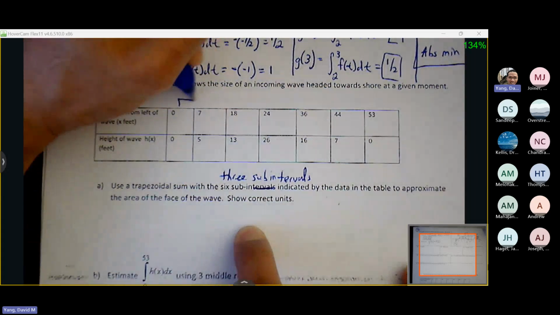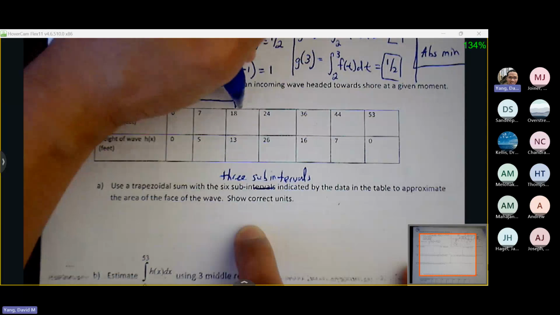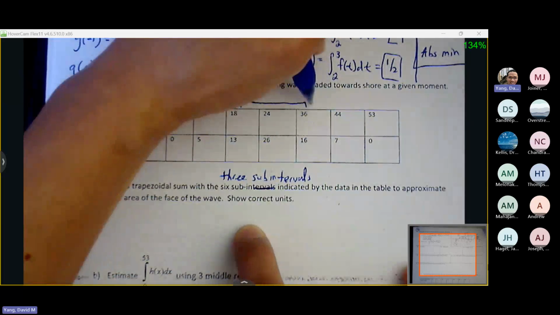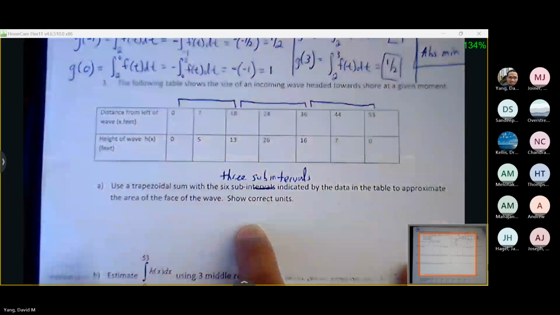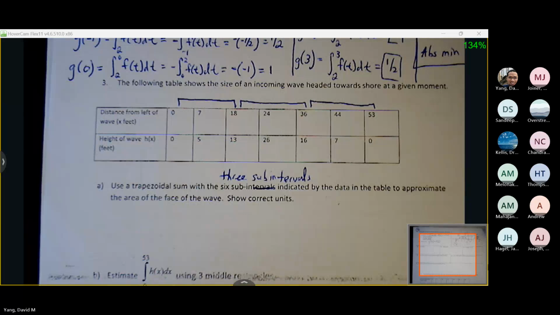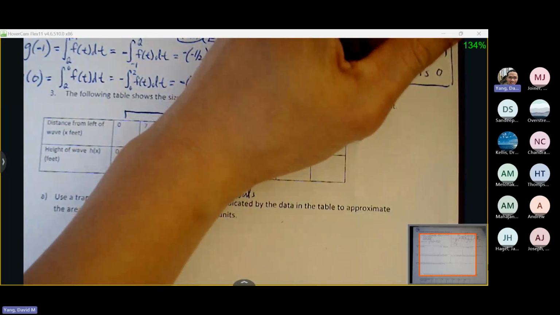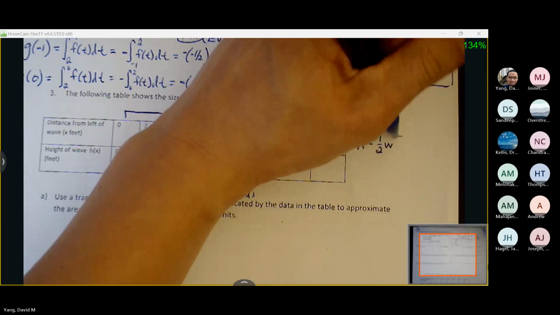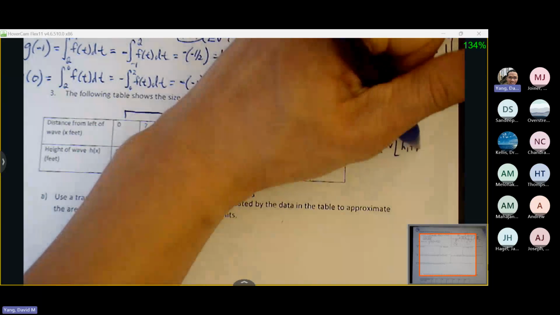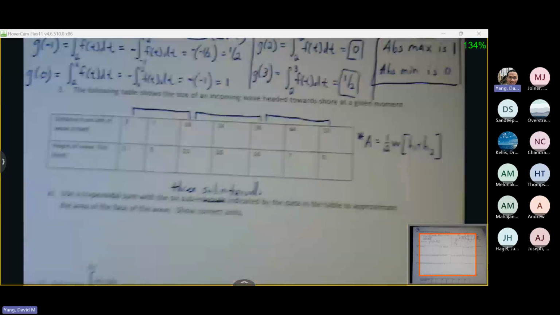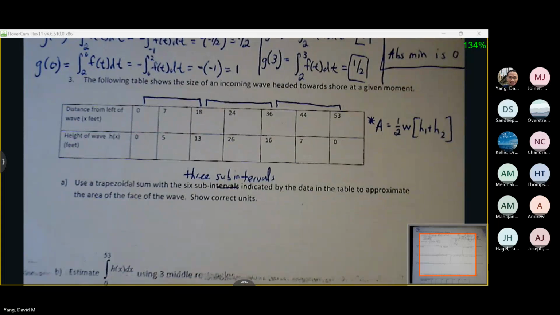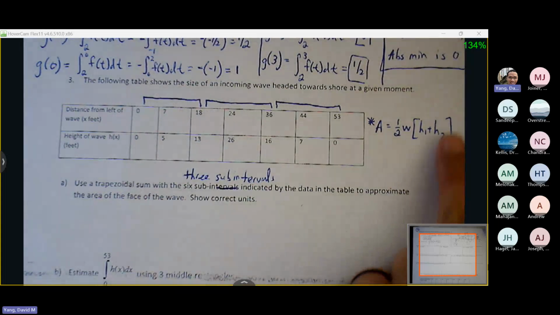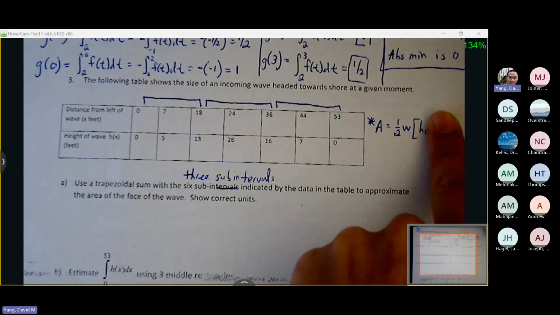So we'll do one that's here. Next one here. Next one here. Now remember, trapezoid area is 1/2 width, height 1 plus height 2. Make sure we memorize that formula. It's basically a triangle, and then you're adding another height.